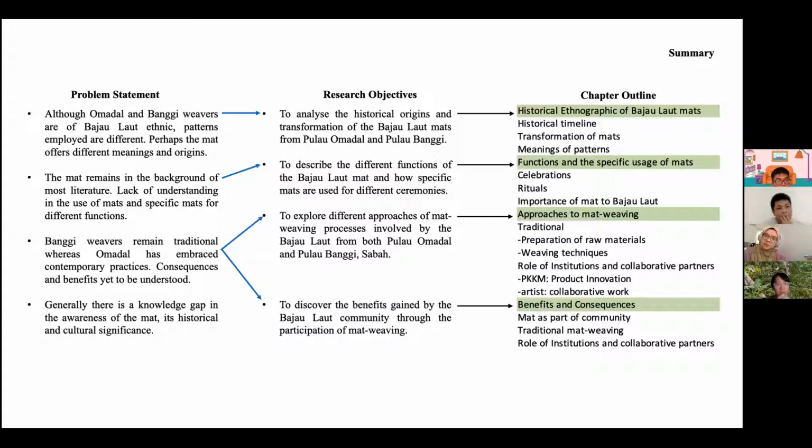So it's important, I think you need to go back and look at your problem statement and research objectives. Your chapter outline, I mean, it depends. Not everyone's chapter outline has to be the same. If you're lazy, or if you want a more systematic way to present your research, we normally recommend students to just connect the chapters to the research objectives.